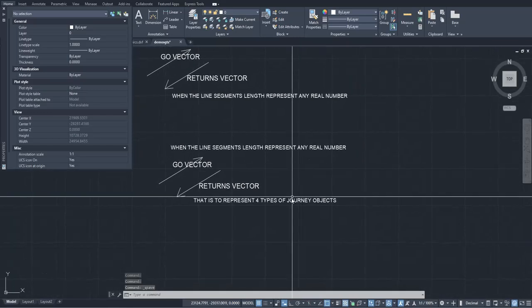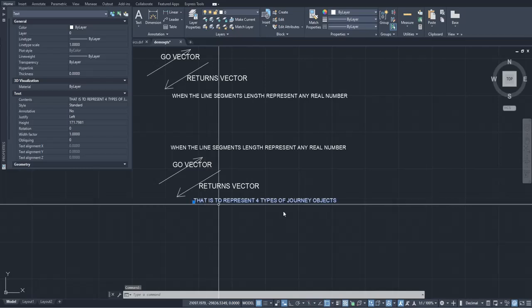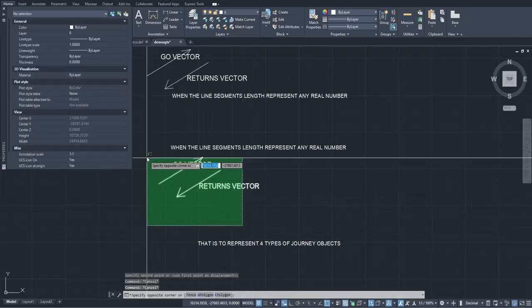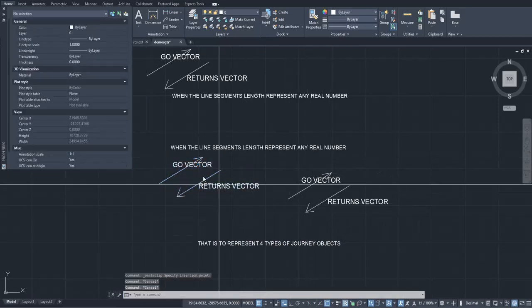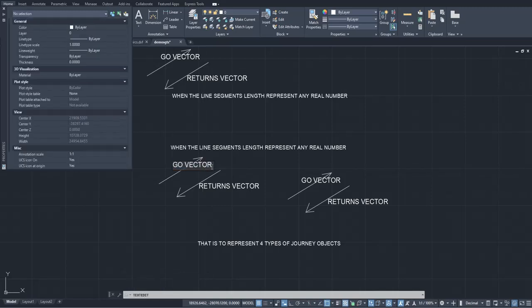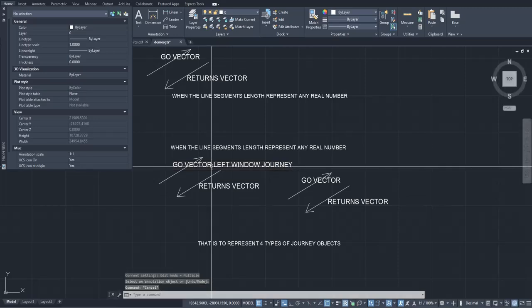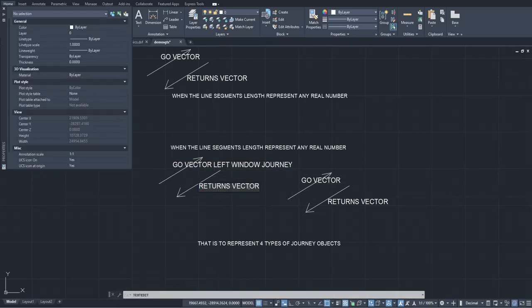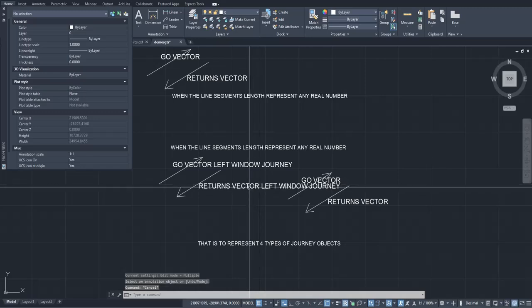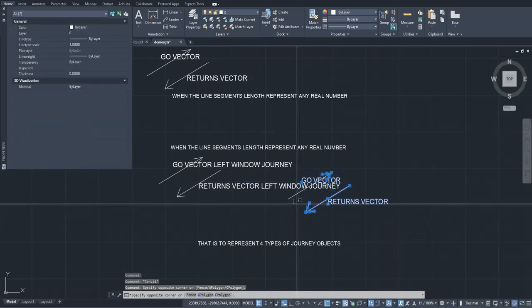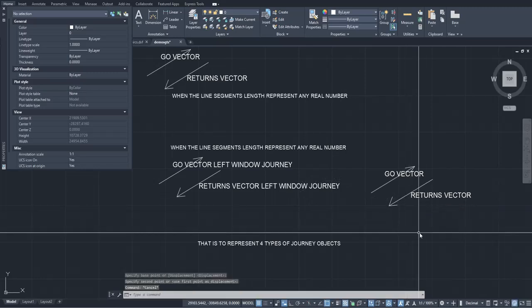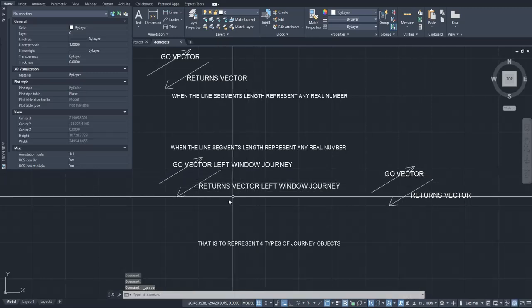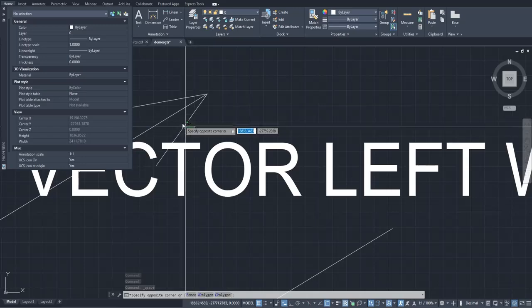Now while we are considering journey objects, we are representing these co-vector and return vectors as the co-vector left window journey and the return vector left window journey, which are represented like this. We will represent these like this.